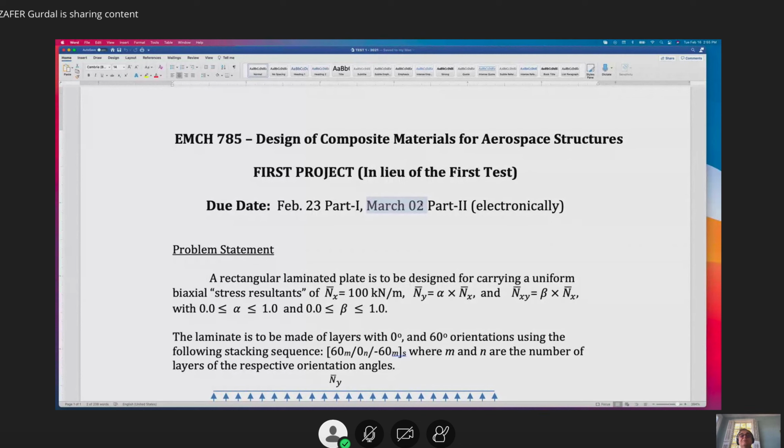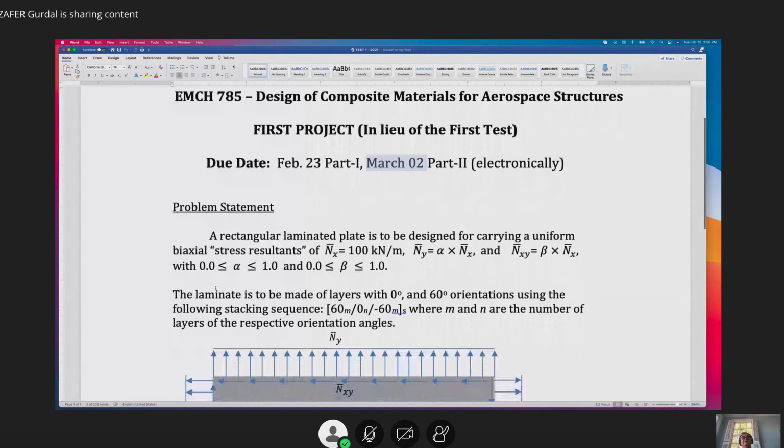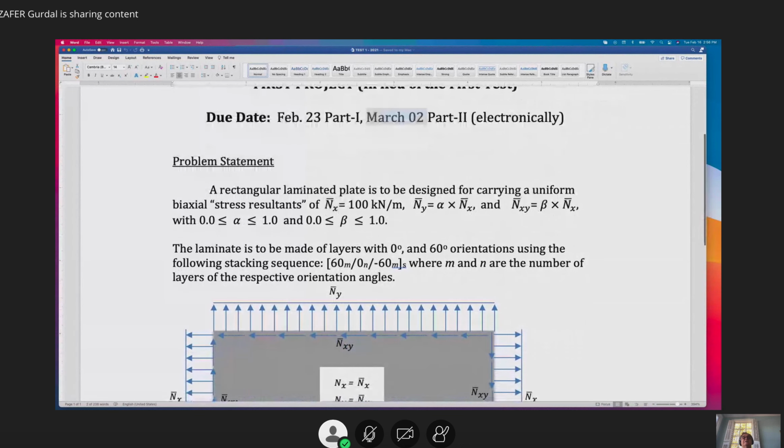Okay, so the problem statement is very similar to the last homework problem, except this time we are supposed to be designing the laminate. So a rectangular laminate plate is to be designed for carrying Nx of 100 kilonewtons per meter, Ny of alpha times that, and Nxy of beta times that, where alpha and beta can be between 0 and 1.